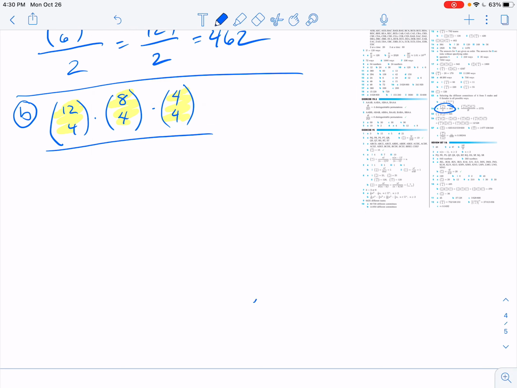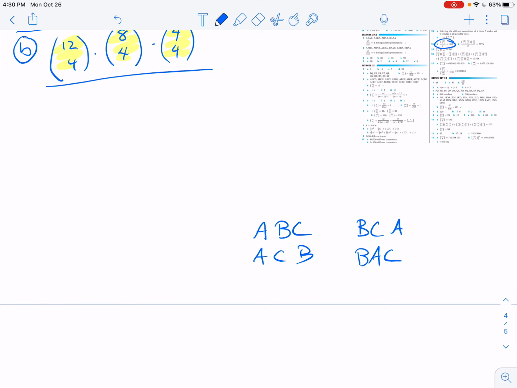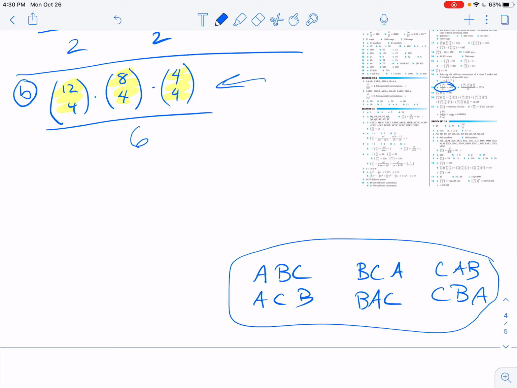We could have said A, B, C, or A, C, B, or B, C, A, or B, A, C, or C, A, B, or C, B, A. I think that's the only way. So we have 6 choices there, and we need to divide out by 6 so that we're not counting them separately.